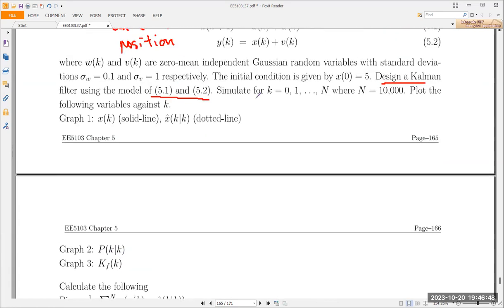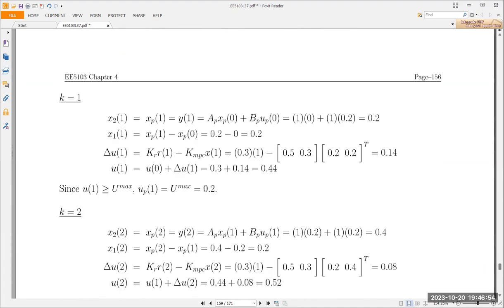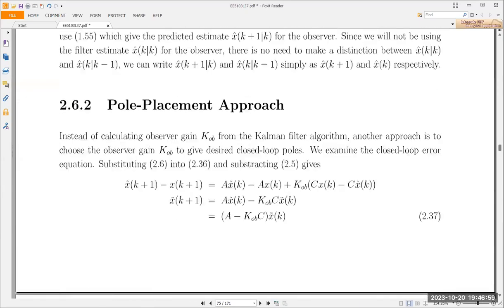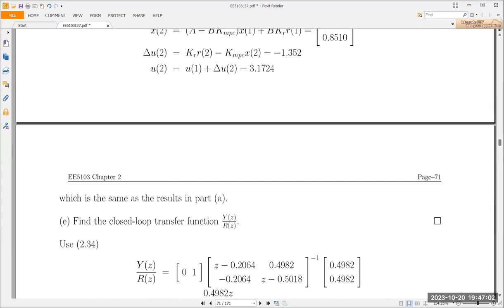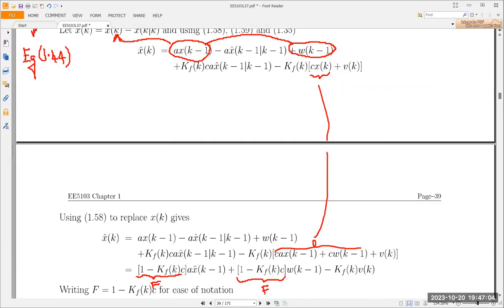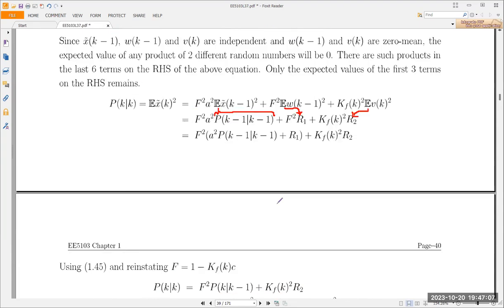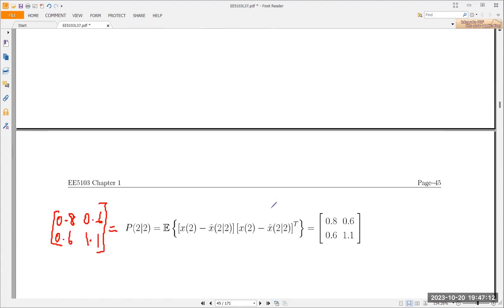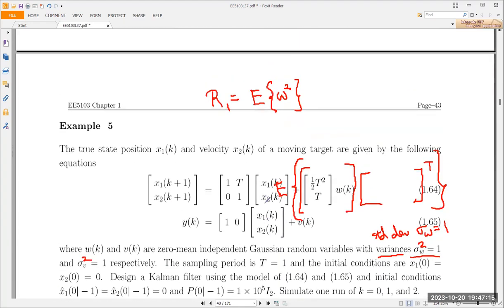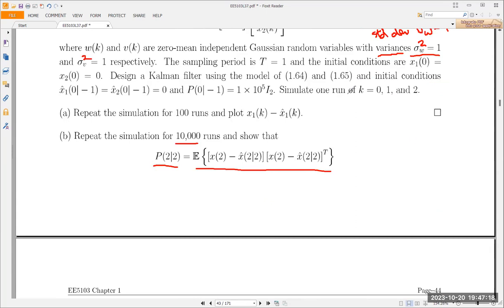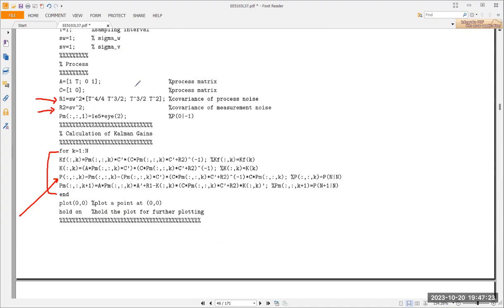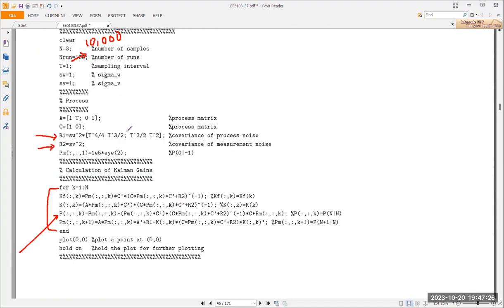Okay, I think this 10,000 thing in MATLAB, the starting point can be here. All right, this is also 10,000.